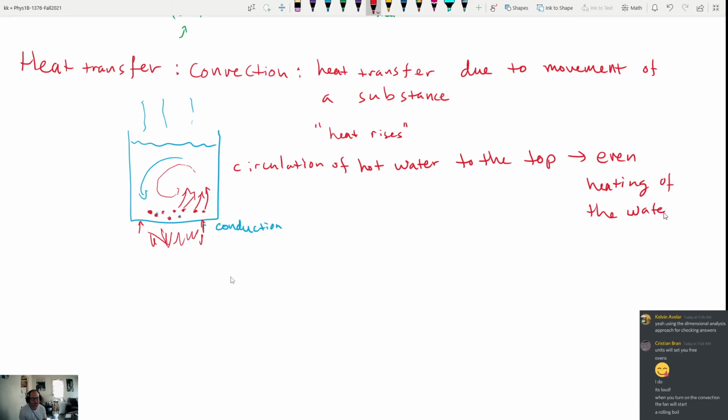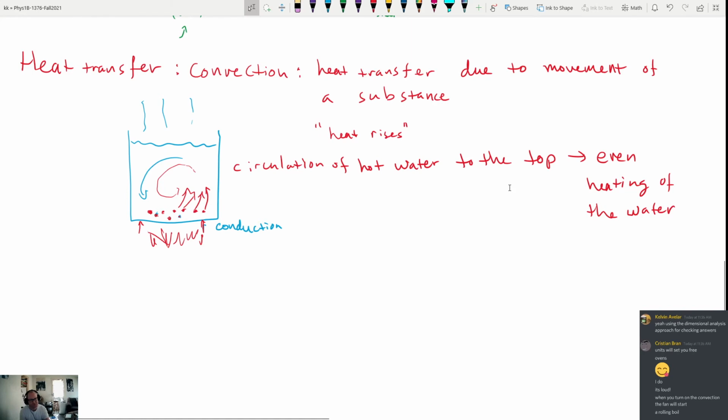If it wasn't for the fact that the hot water molecules rose up to the top, only the bottom would really get hot, and then once the bottom of the water's hot, it would heat up the water above it, which would heat up the water above it, and that process would only be due to conduction, right? And if it's only conduction that's making the water heat up, it's going to heat up much more slowly than if the water circulates.